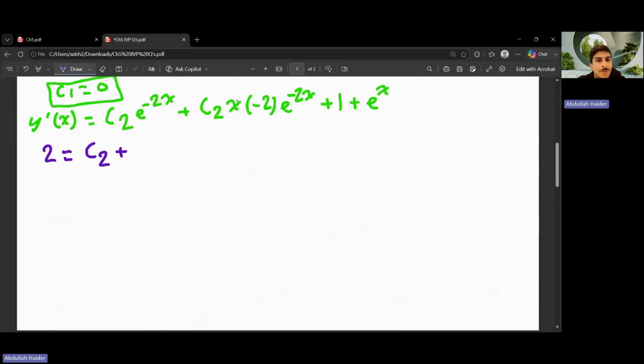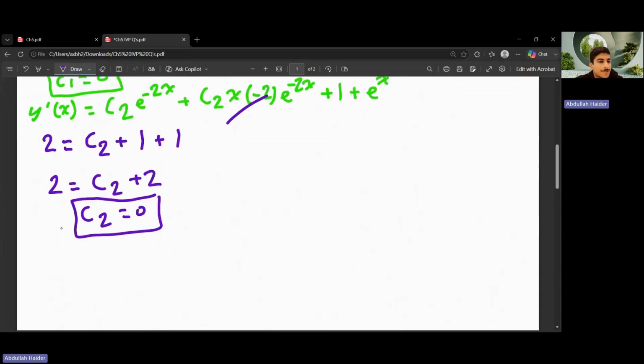Plus, if I substitute 0 here, this whole thing becomes 0. Plus 1. If I substitute 0 here, this will become 1. So 2 is equal to C2 plus 2. And once again, C2 is equal to 0.